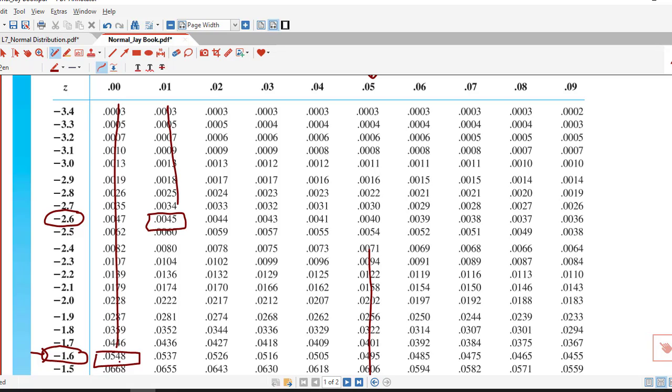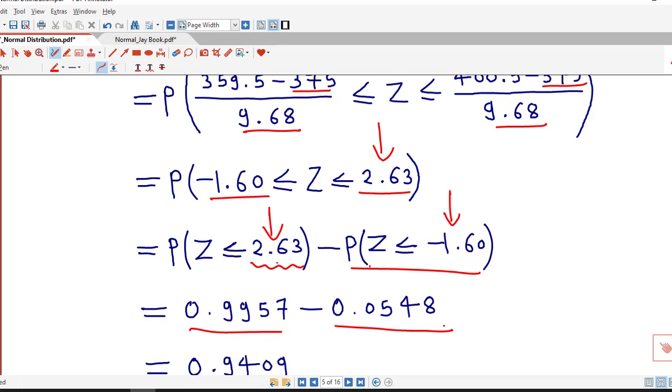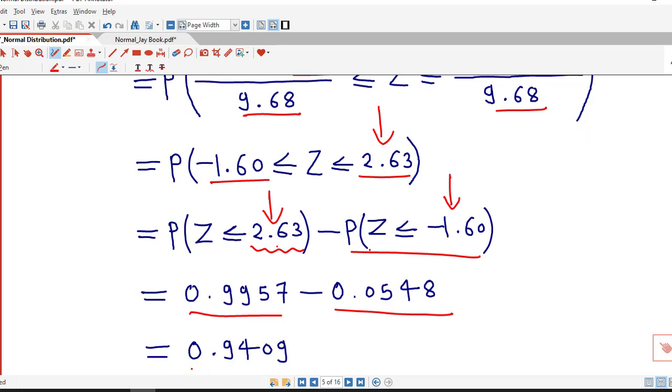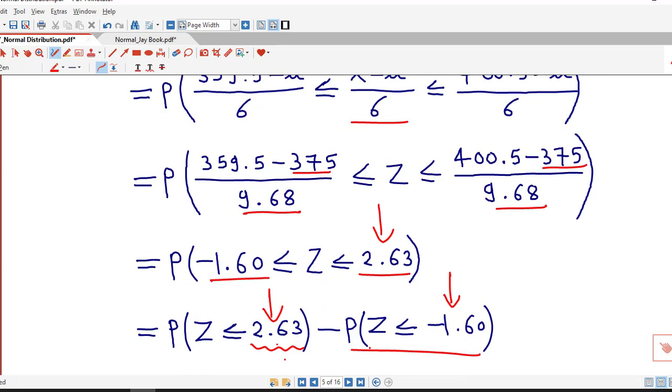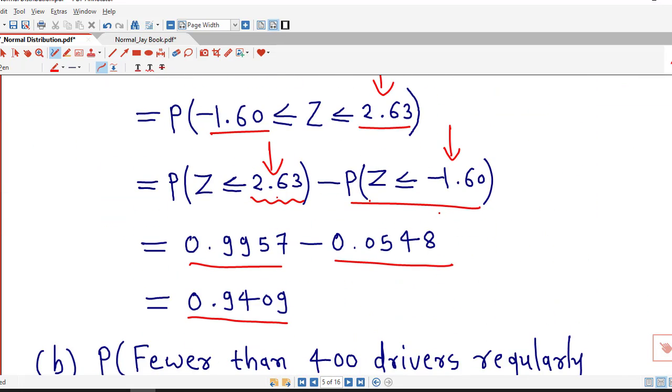So minus 1.60 is giving this probability 0.0548. So we substitute 0.0548 and the difference is 0.9409. So the probability that between 360 and 400 of the drivers regularly wear a seat belt is 0.9409.